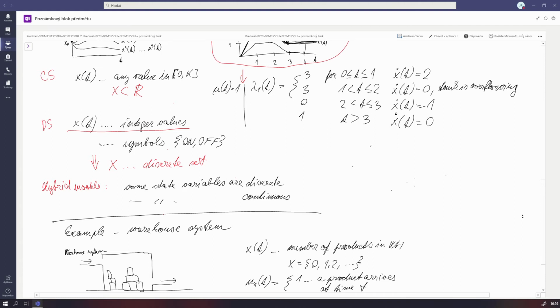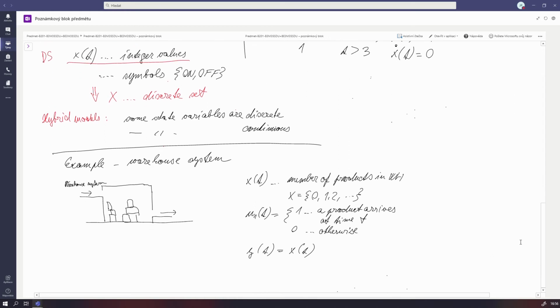And the output would be equal to the number of products in the warehouse. So we can draw a sample path for such a system.